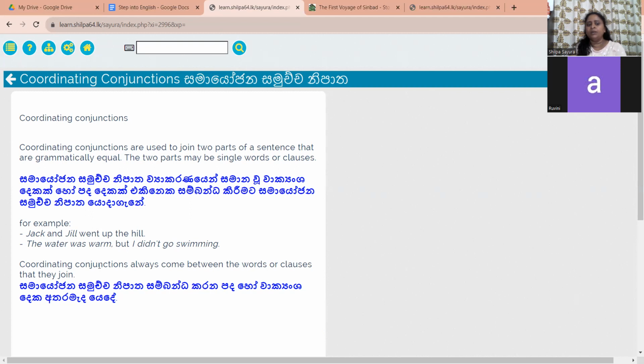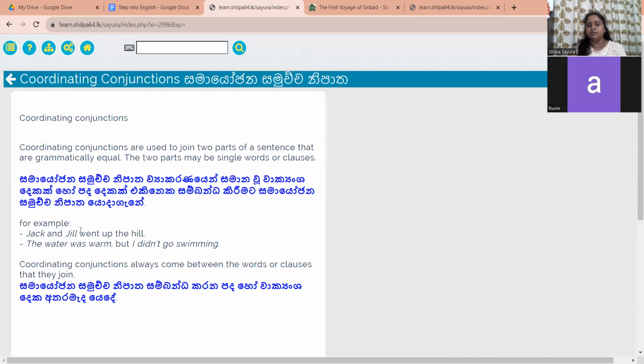Right? Coordinating conjunctions always come between the words or clauses that they join. බලන්න මේ conjunction එක තියෙන තැන join කරන වචන හරි phrases දෙක හරි තමයි join කරන words දෙක අතර.